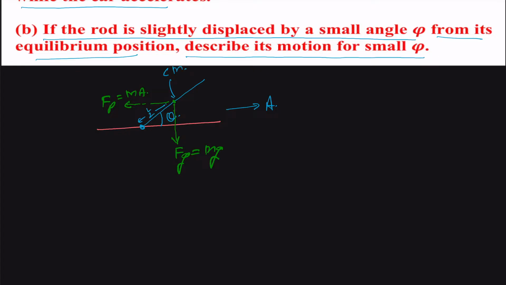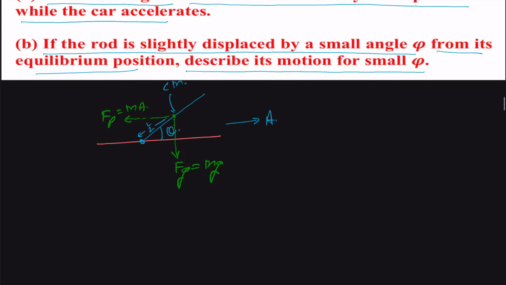So this is our initial condition, and it is given that this rod should be in equilibrium, and there are only two forces acting on it. One is our Fg, the other one is our Fp. So they should be able to balance this particular rod.